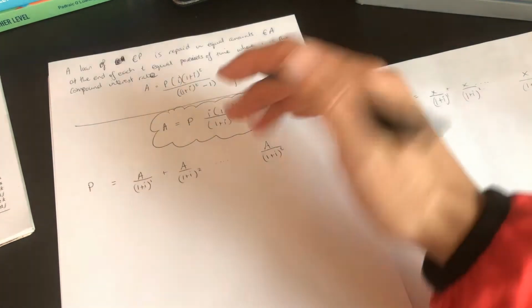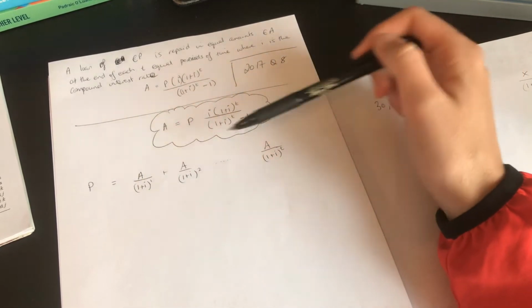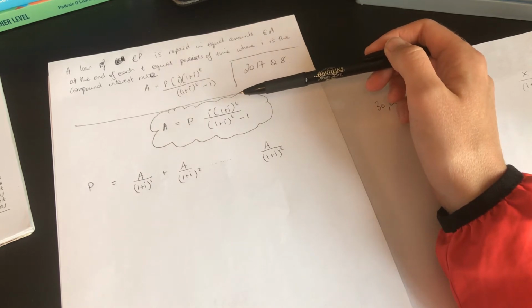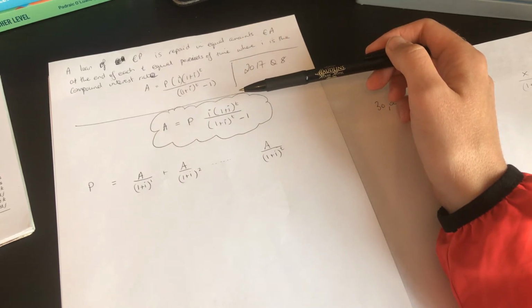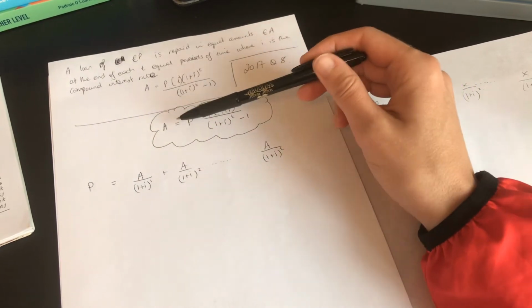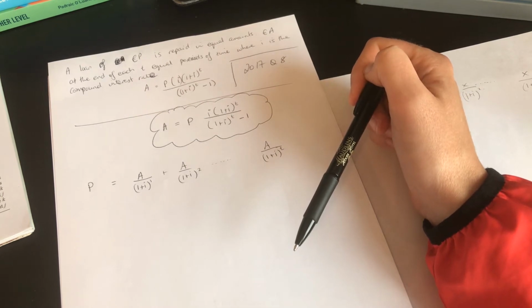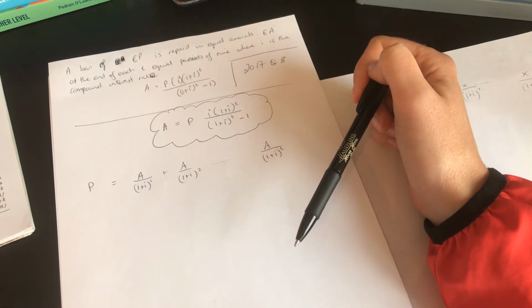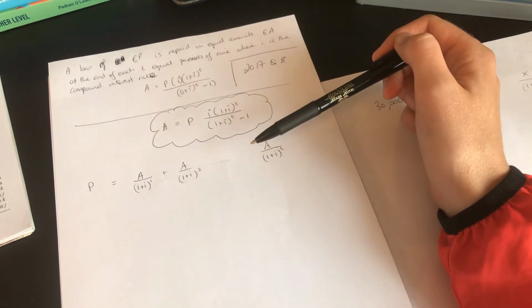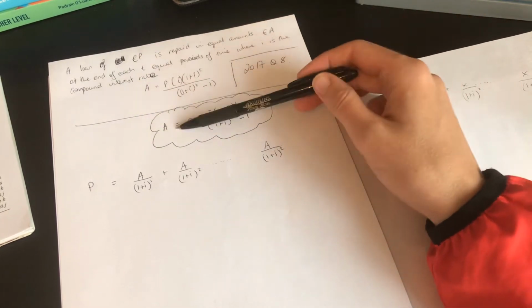All that you have to do now is take this line and carefully work with it, carefully use your algebra. That's pretty much it. It's all just algebra, because at the minute the P is isolated, but if you look at your formula, we want the A to be isolated. So that's all you're doing. Take your time, work with the right-hand side, clean it up, and eventually isolate the A, and it will look like this.